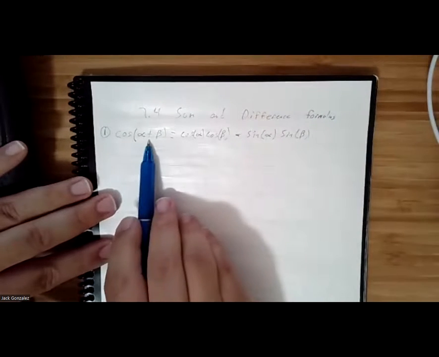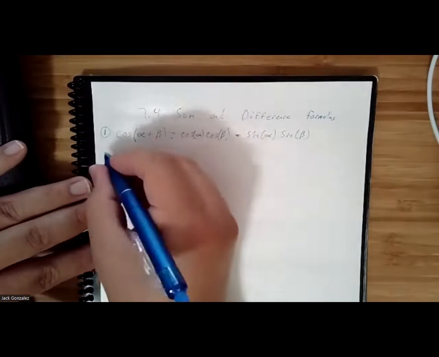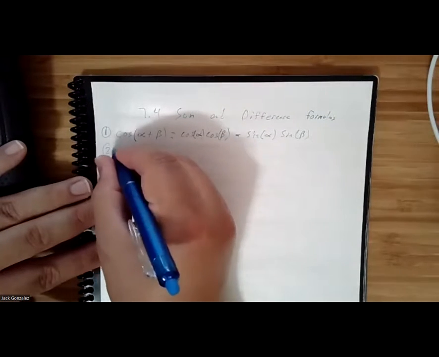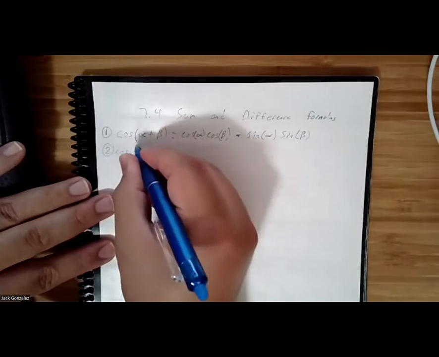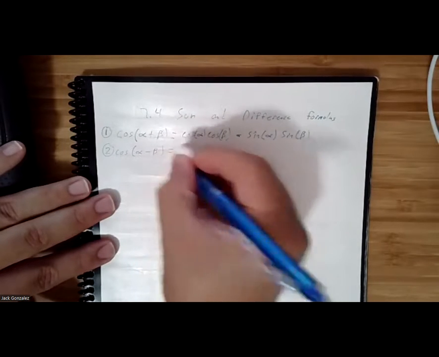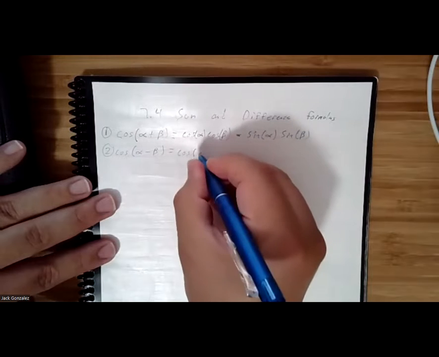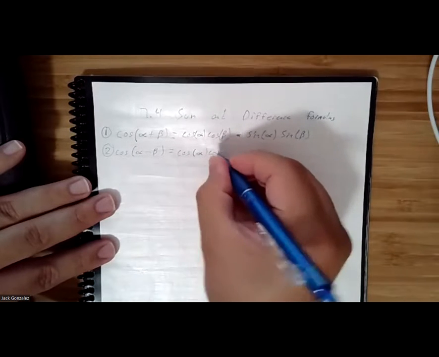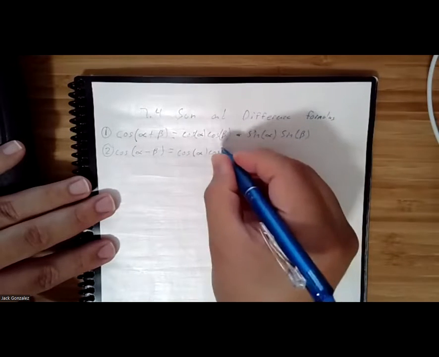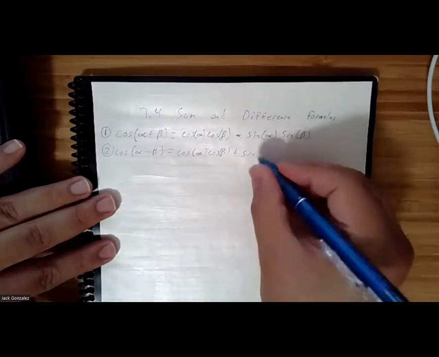So notice how if you have a plus in here, it's going to be minus. It's the opposite when you have cosine. Second one, same deal, but with a minus, so just switch the middle term. So cosine alpha cosine beta plus sine alpha sine beta.